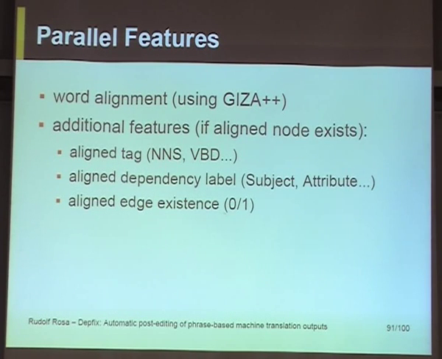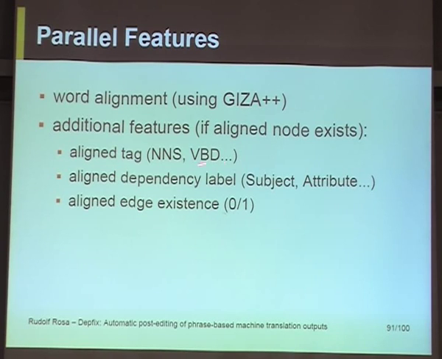The simple thing is using the parallel features, so including some information about the source sentence. So we use word alignment for that, so that we know which words correspond to each other. And if a node has an aligned node, so if for a Czech node we have an English source node which it corresponds to, we look at three things.